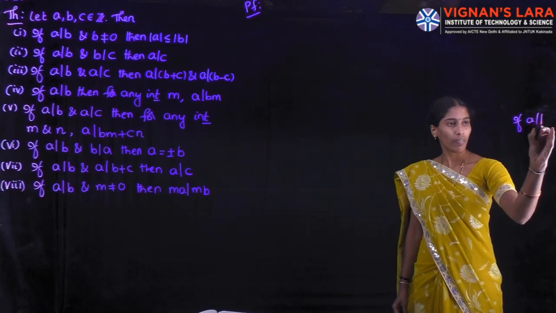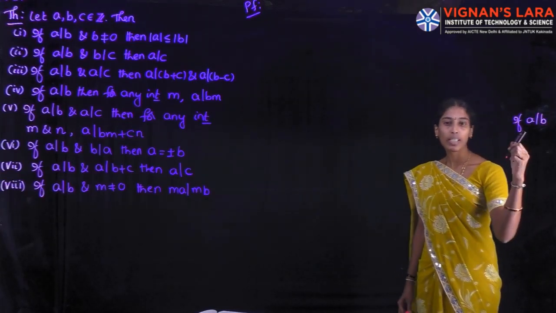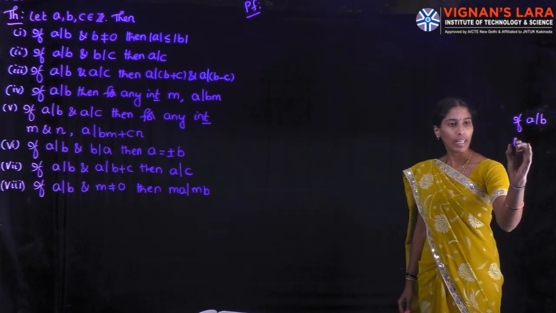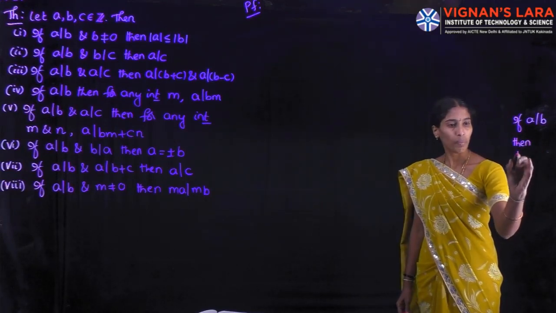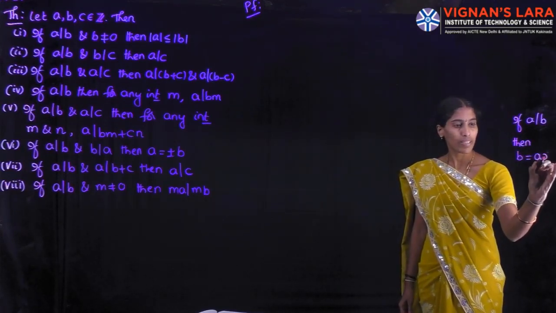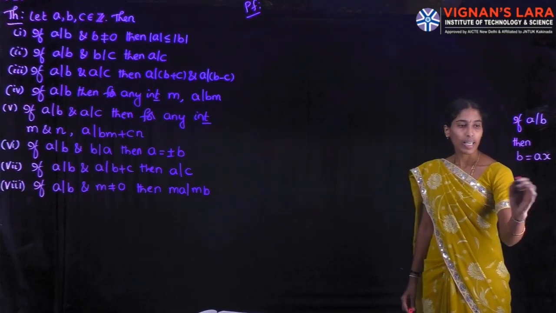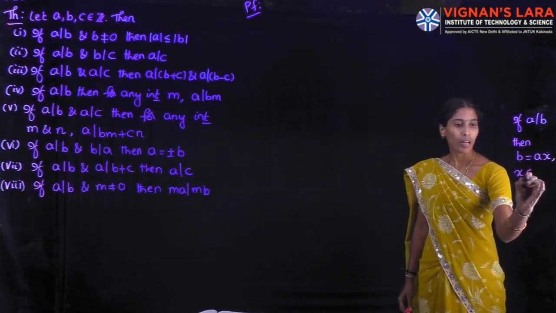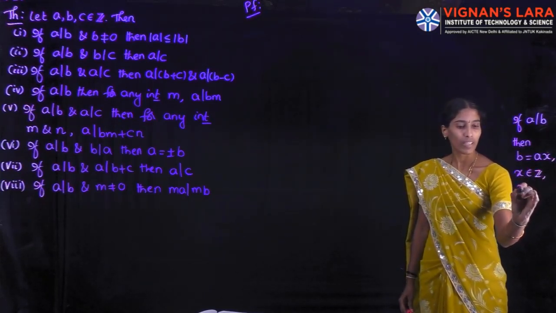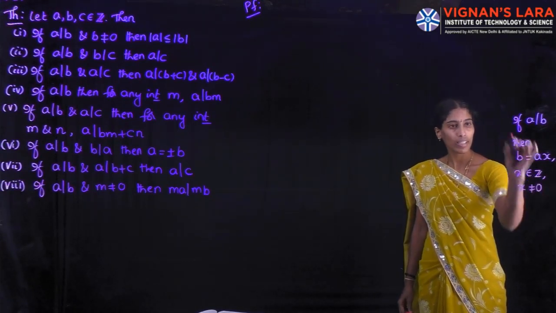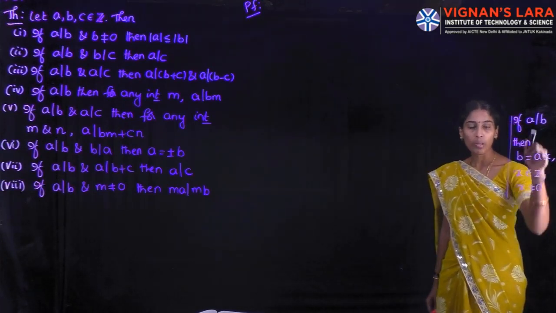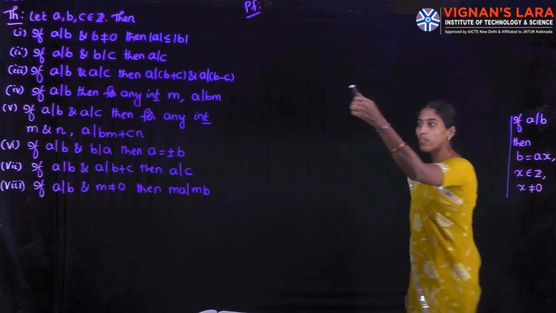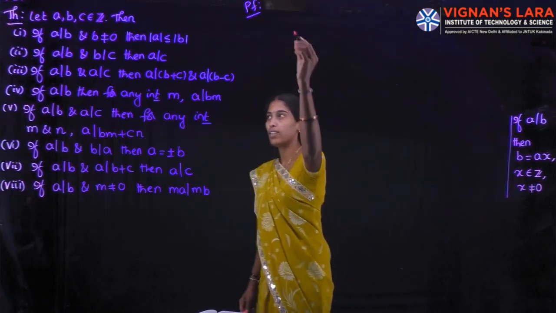To say that A divides B, then the denominator B must be equal to AX, where X belongs to Z, set of integers, and X not equal to 0. You need to remember this definition, then only we can solve all those 8, right?